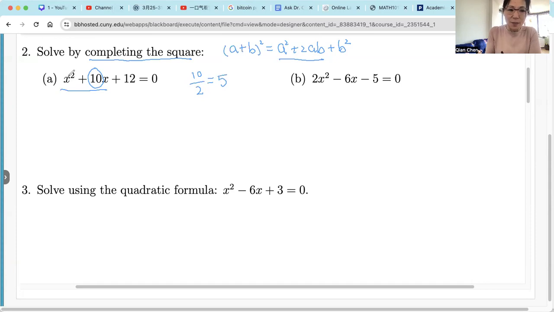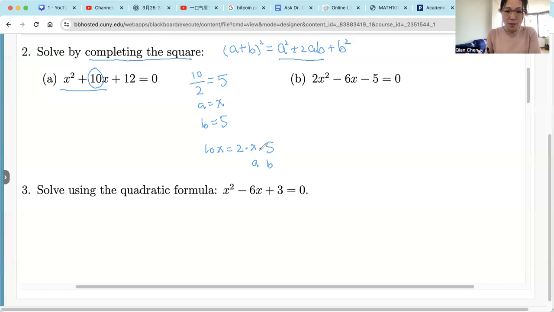Right? So in this case, you see A is x, B is 5. Why? Because 10x equals 2 times x times 5. 2 times A times B, right? 2AB. So we have x squared, so that's A squared.